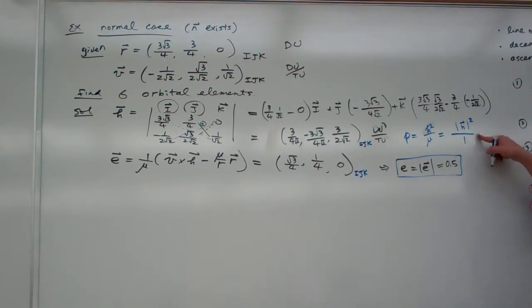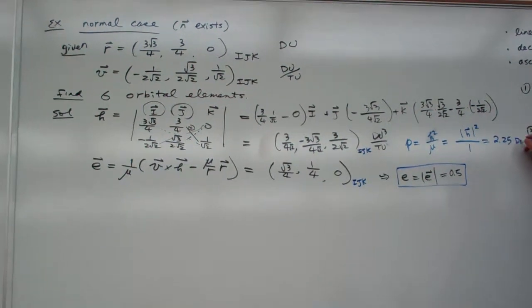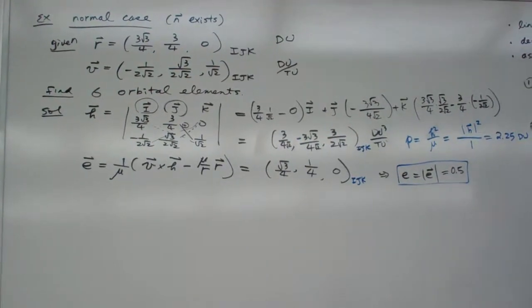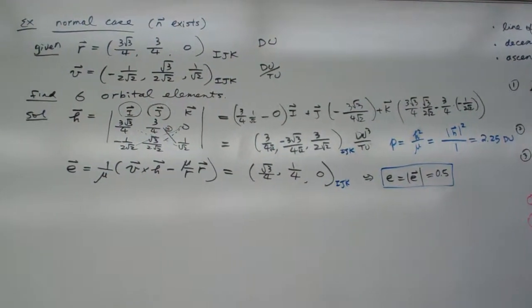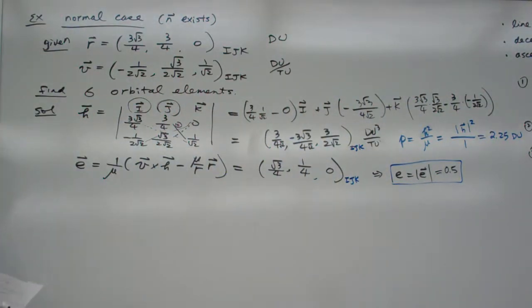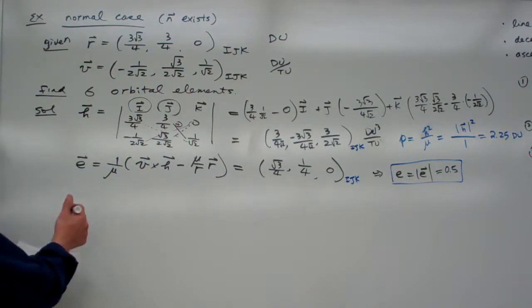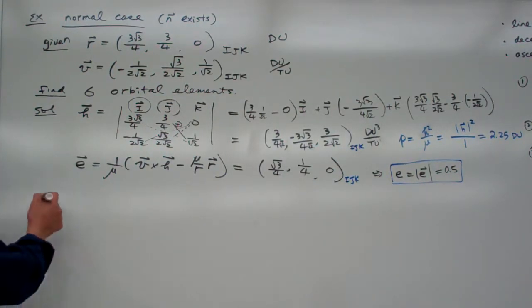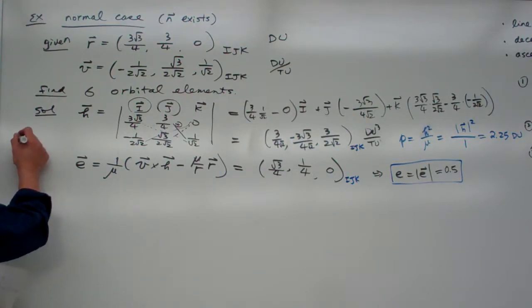So from here we can determine p equal to 2.25 DU. So we have the first two elements, p and e.